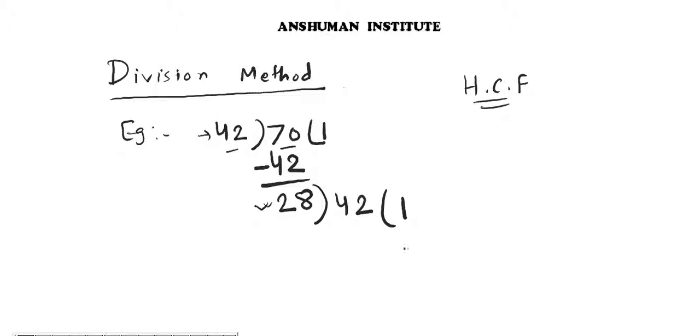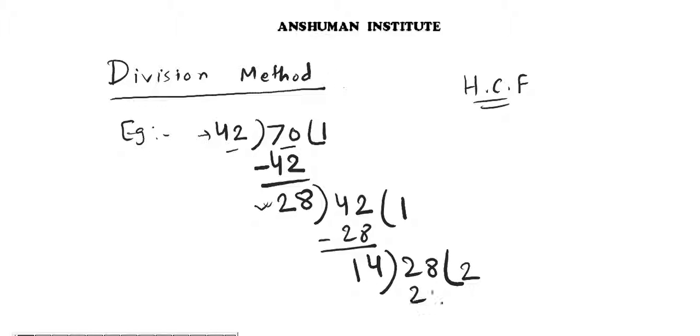Again in 1 time it will go and we get 14, and now this 28 will come here, and 14 twos are 28, and there is no remainder. Once we get remainder as 0, then this divisor becomes our solution. Therefore HCF is 14.